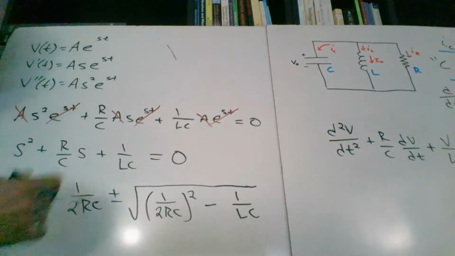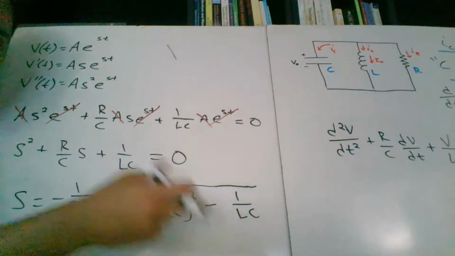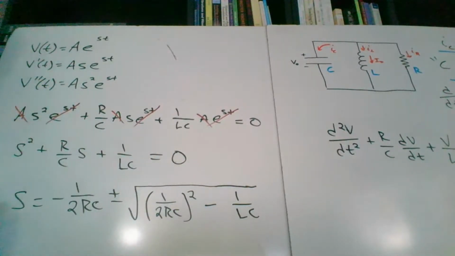This is technically the characteristic equation, but you can solve it, and then the determinant is the part of the characteristic equation that you want. So here we just solve for s.